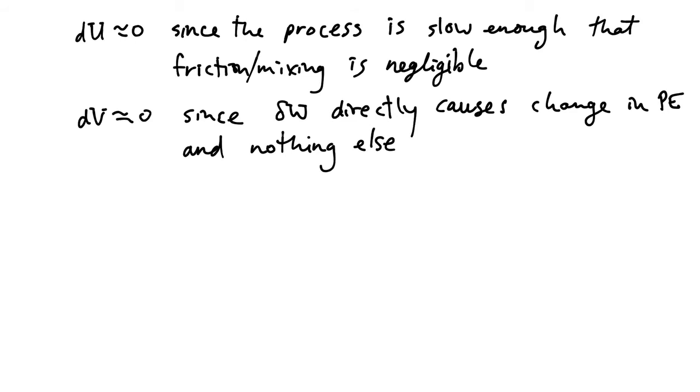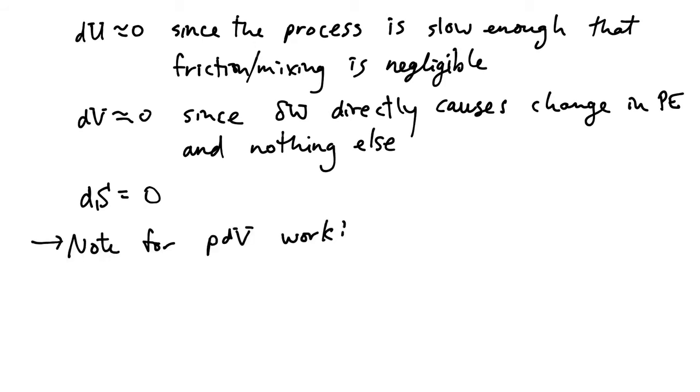And similarly, we're assuming that the dV term goes to zero because the delta W, the small amount of work that's done, goes directly into increasing the potential energy of the system and nothing else. So at the conclusion of all this, based on Gibbs' equation, we can conclude that the change in entropy due to work crossing the boundary is zero.